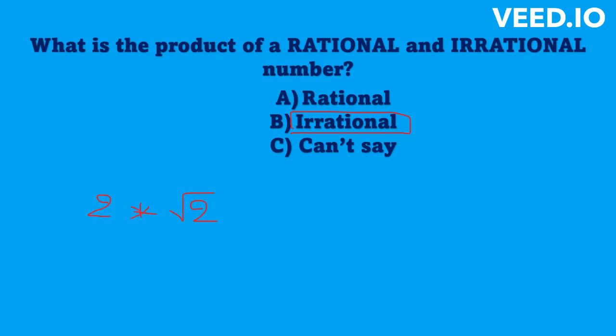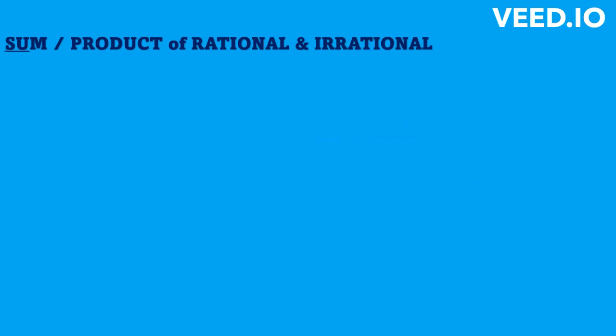The product is also the same way. It's irrational. The sum and product of a rational and irrational number is always irrational.